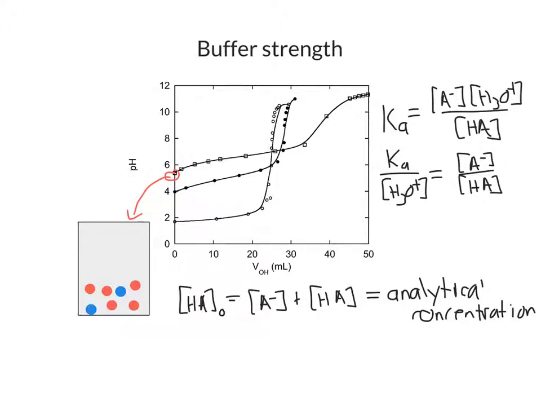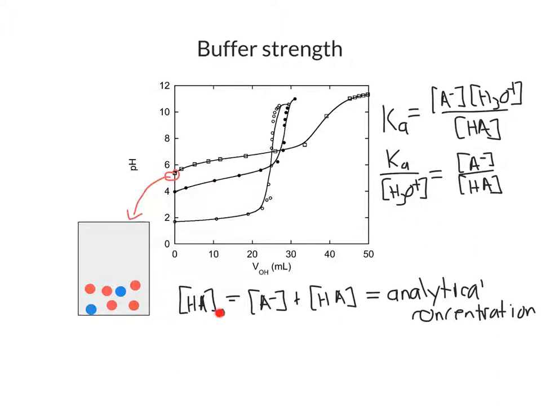And so we can find the ratio of conjugate base to conjugate acid in our solution if we can measure the pH and therefore know the concentration of H3O plus, and we know what acid we're using, so we know the Ka. So this ratio will tell us the ratio of A minus to HA in our solution at any given pH.